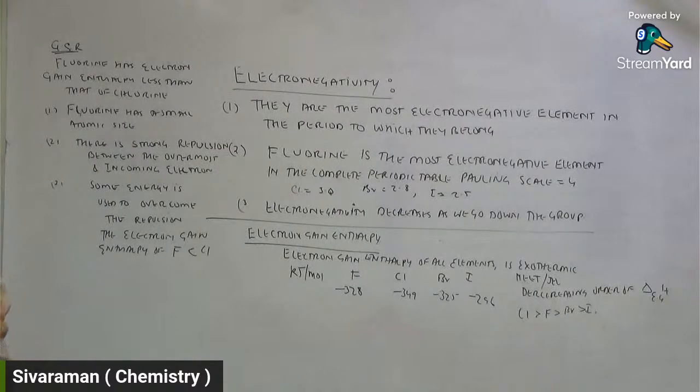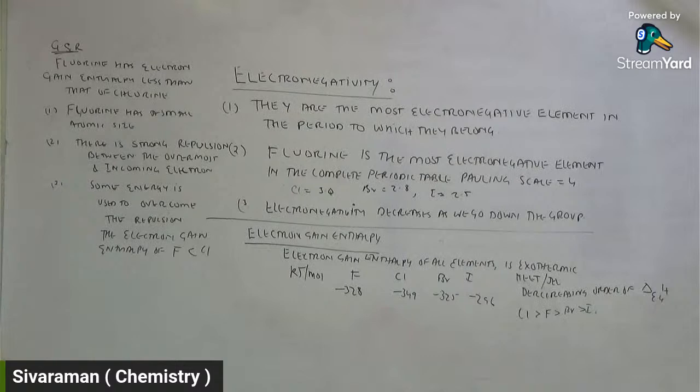That was the energy used to make the incoming electron overcome the repulsion. So it is not using energy from some outside. That is not possible. Fluorine is becoming fluoride, and that electron is using the energy being released to overcome the repulsion and become fluoride ion.